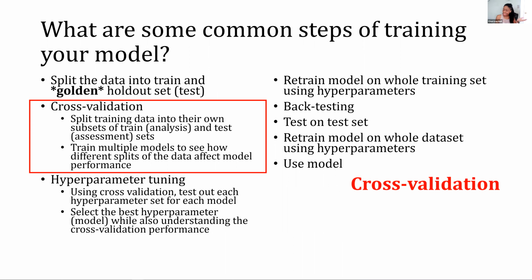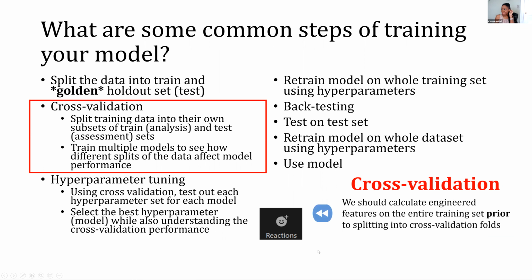Now, we just talked about what it means to split the data and when we should do our feature engineering on the split data. And again, the point of cross-validation is to understand how your model will perform on unseen data. So again, the question arises, and I think you guys are skilled to answer, using the reactions button. When should we calculate our engineered features? Should we calculate the engineered features on the entire training set prior to splitting into cross-validation folds?